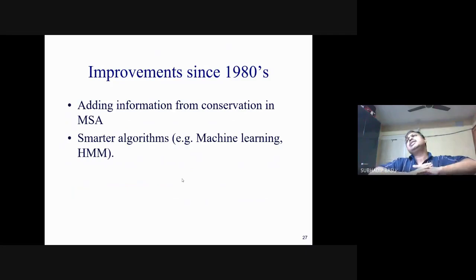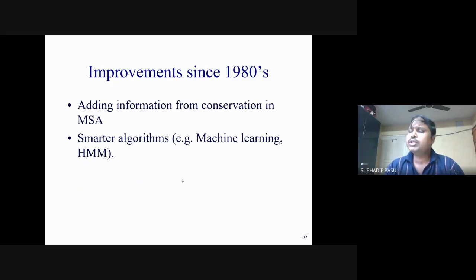Now, these were very old and initial approaches, and at those times there were not really advanced machine learning approaches available, and not really a lot of sequence information or structural information available. Also important was multiple sequence alignment.